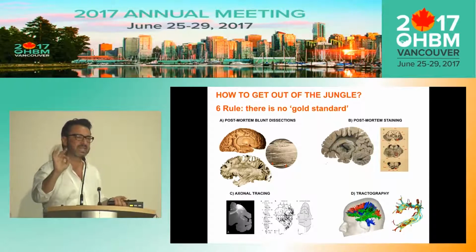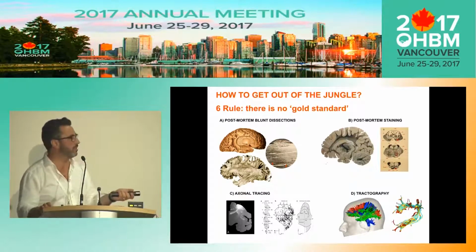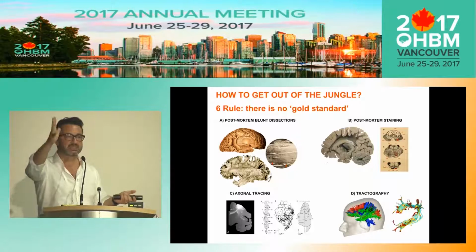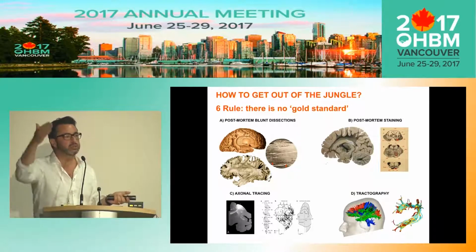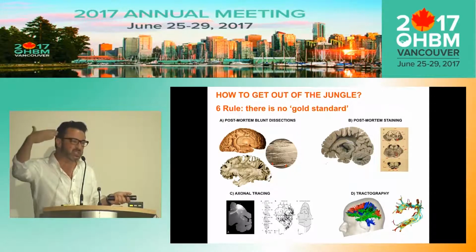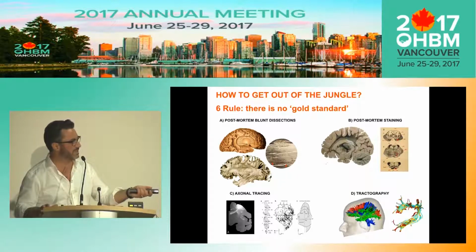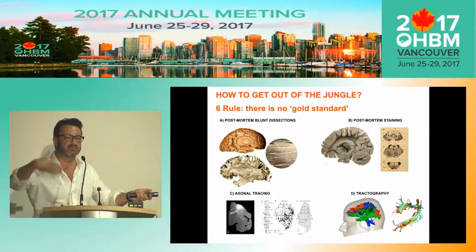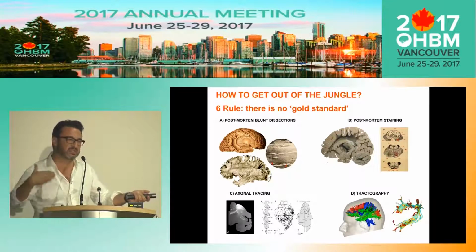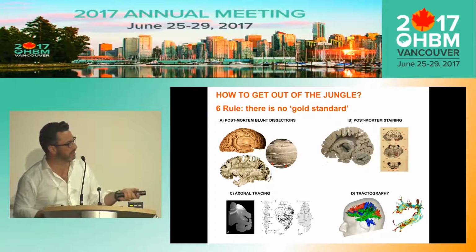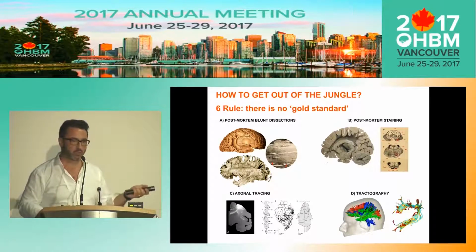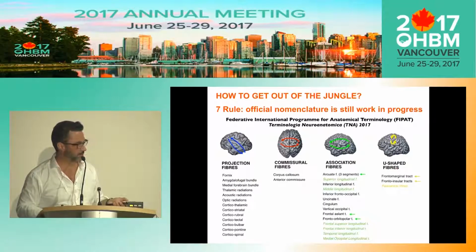But again, in the axonal tracing, you still have the problem that once you inject it and you kill the animal, you transform your 3D anatomy into a 2D anatomy. So the anatomist still has to look at these images and put them together, stack them together. And there is an error in there. So rule number 6: there is no gold standard in white matter anatomy.